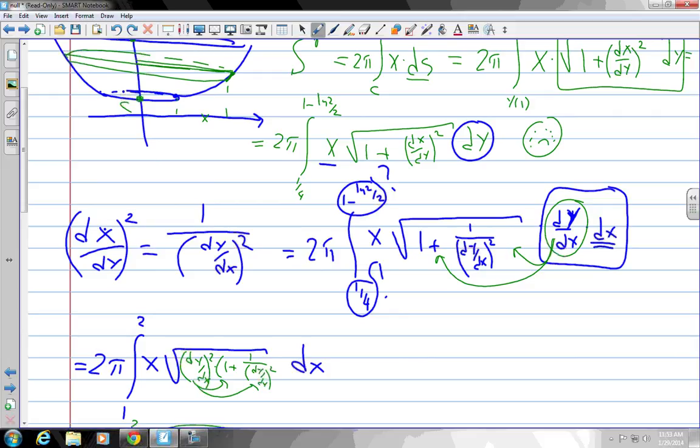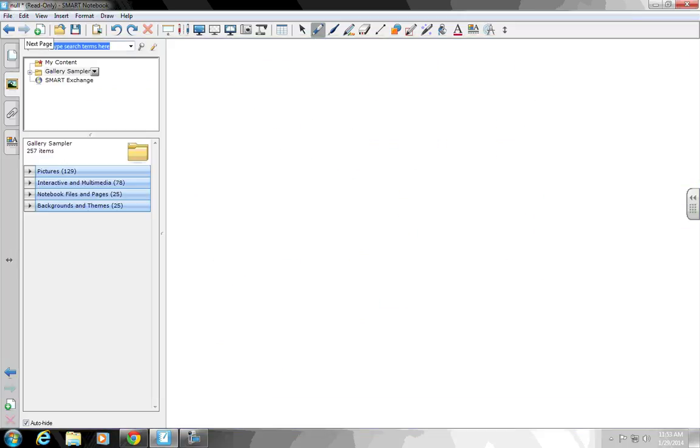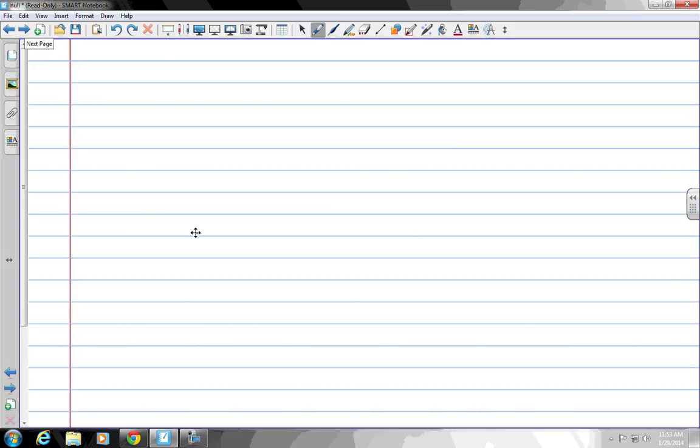Okay, so I want to do this problem. Rotate y equals x squared, where x is again from 1 to 2, around the y-axis.